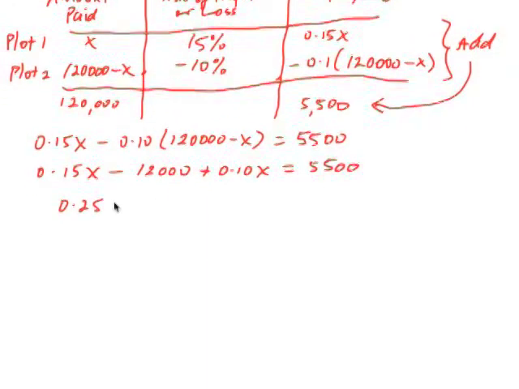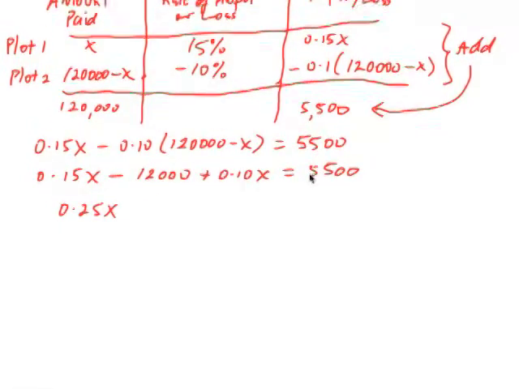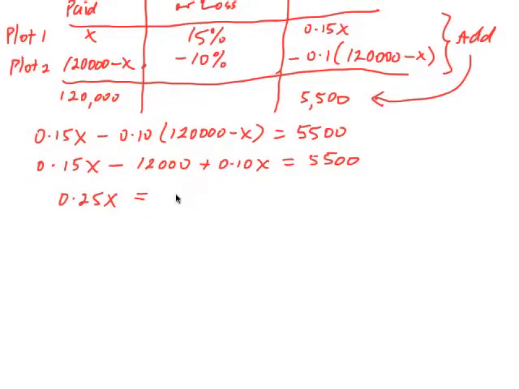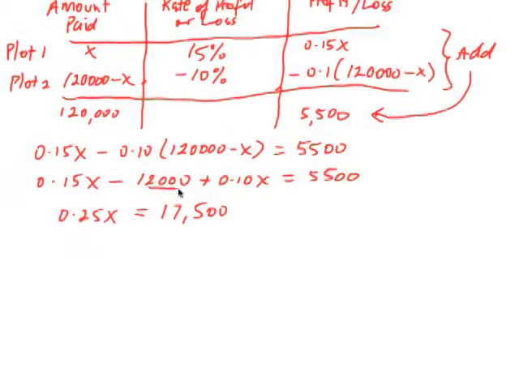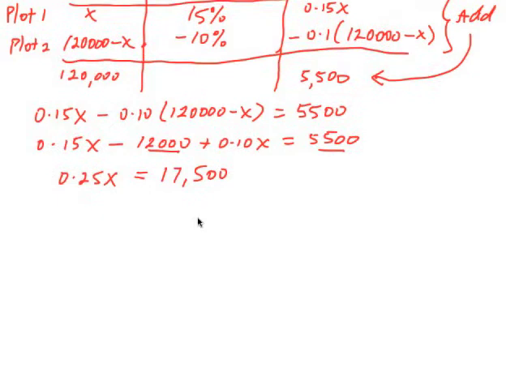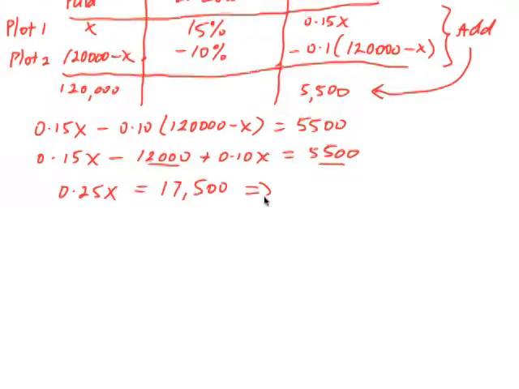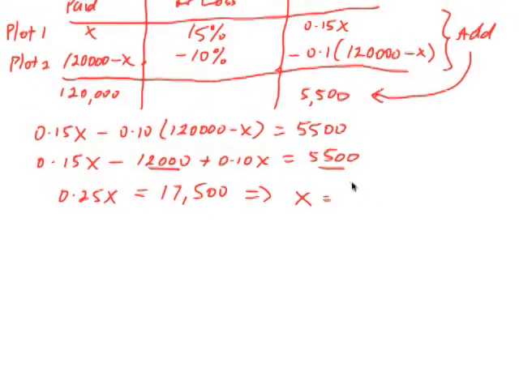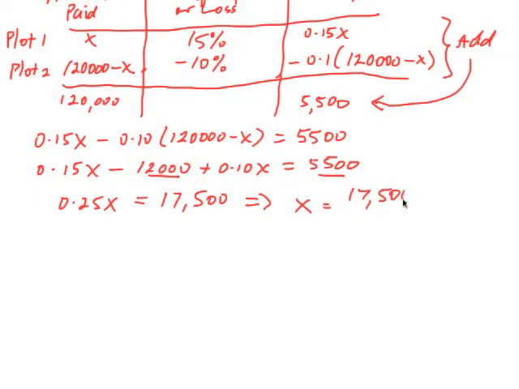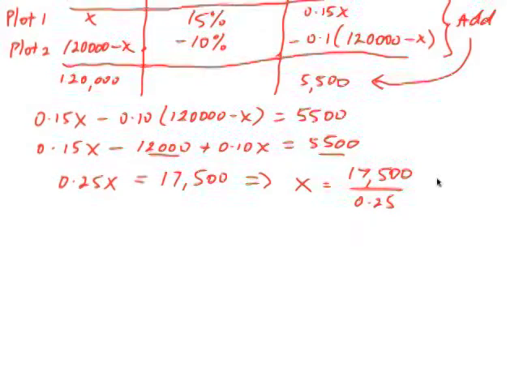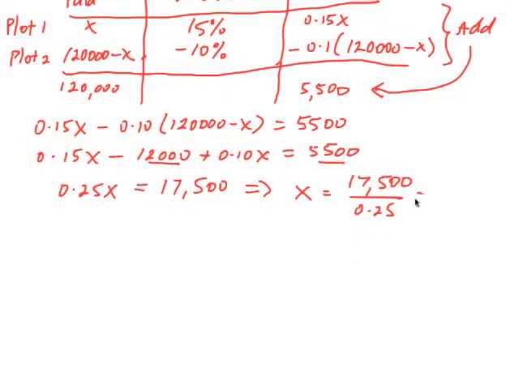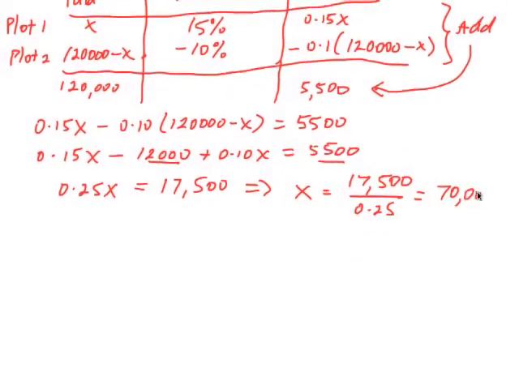We add 12,000 to both sides, so this will now be 17,500. Therefore x is equal to 17,500 divided by 0.25, and you can apply your calculator to that, and that comes out to be 70,000.